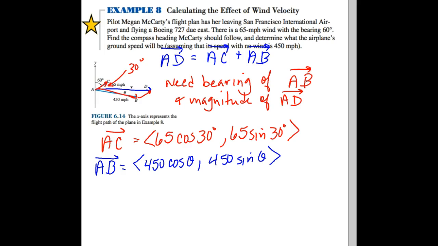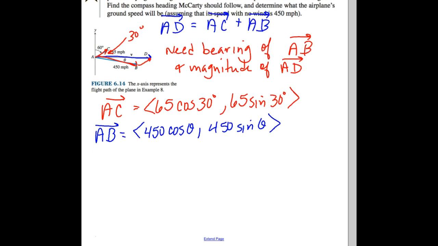All right. And we said the resulting vector AD is just those two added together. Okay, so my components for this resulting vector is going to be the first component plus the first component, right? We add those.